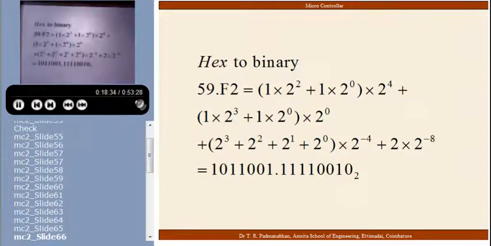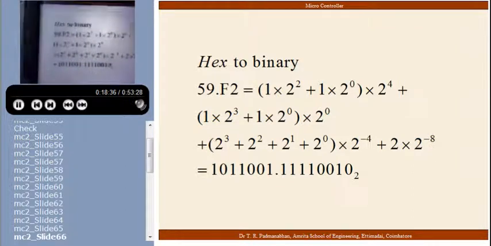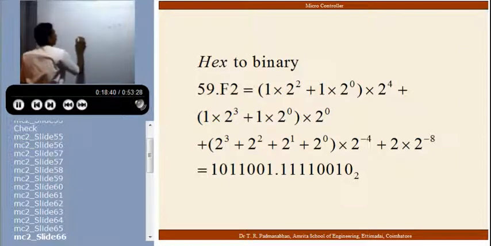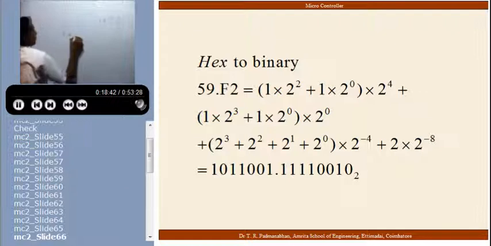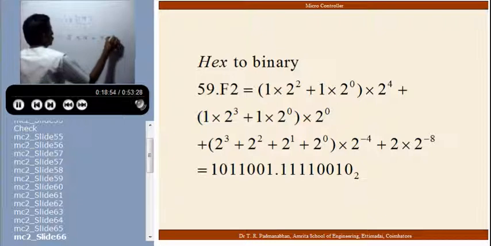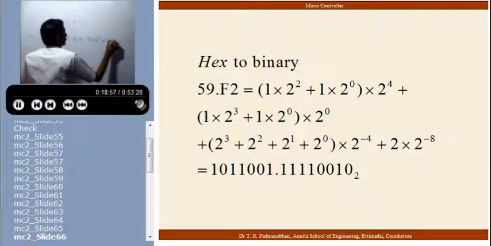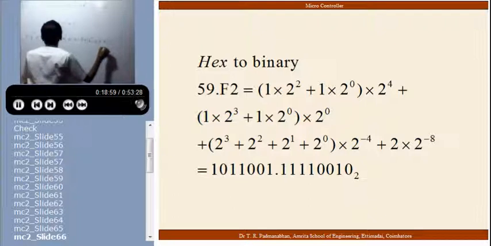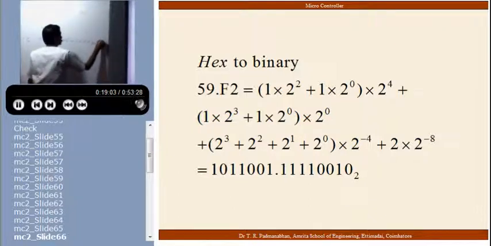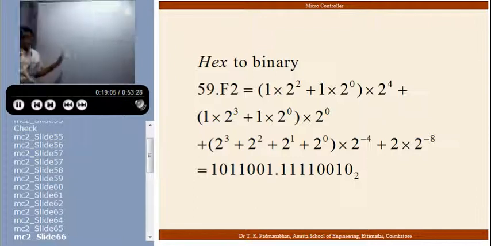The 59.F2 hex number is actually equal to 5 into 16 raised to 1 plus 9 into 16 raised to 0 plus F into 16 raised to minus 1 plus 2 multiplied by 16 raised to minus 2. That's the number.